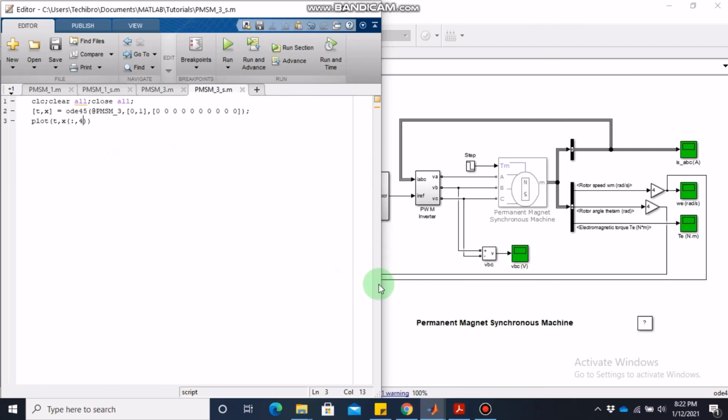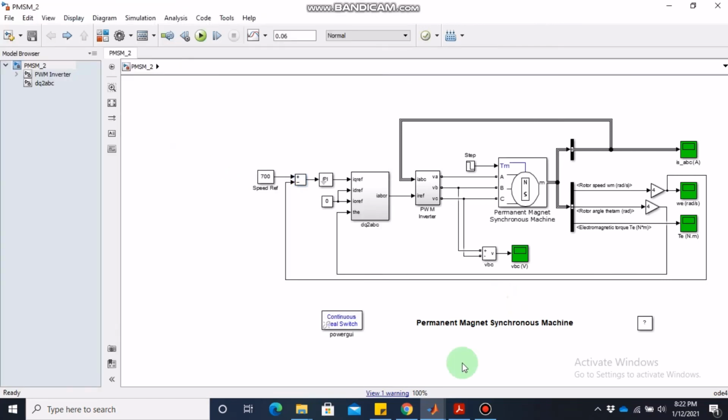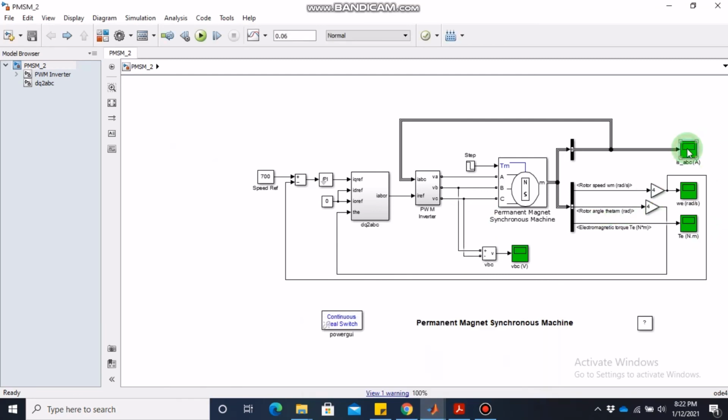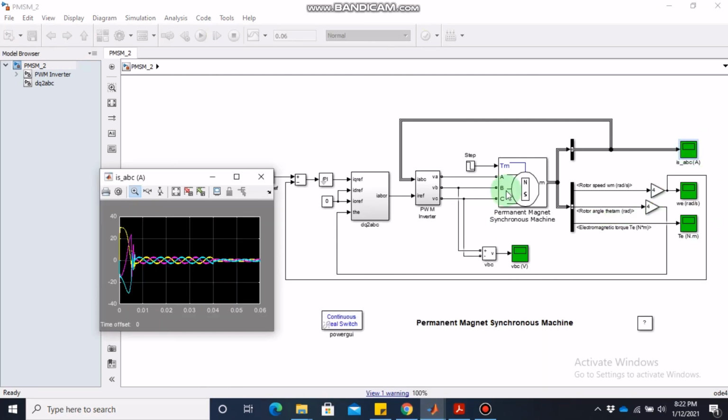And I think the simulation is done, so we can look at some results. These are the currents, large fluctuations in the beginning and then small fluctuations later on. But these are ABC currents, and what we saw was the DQ component current.